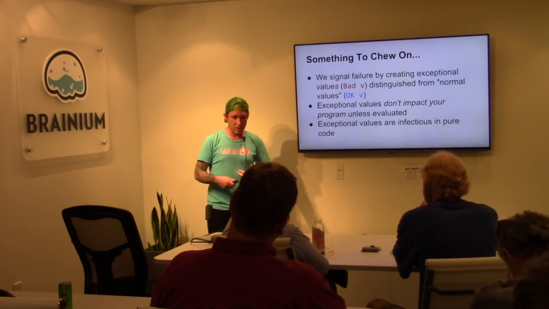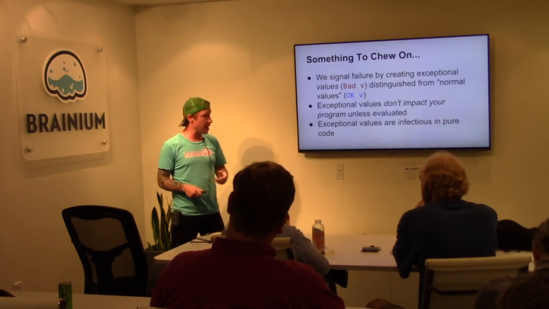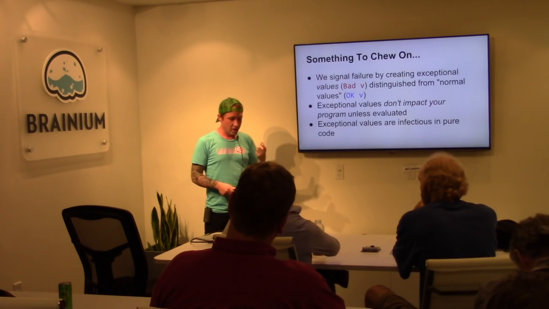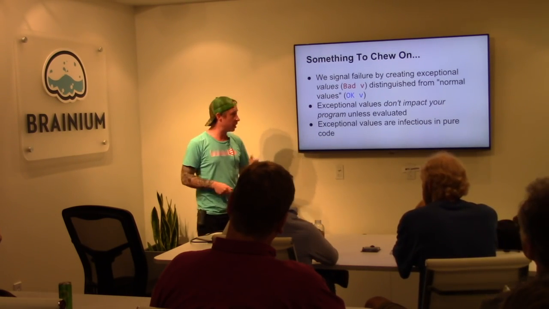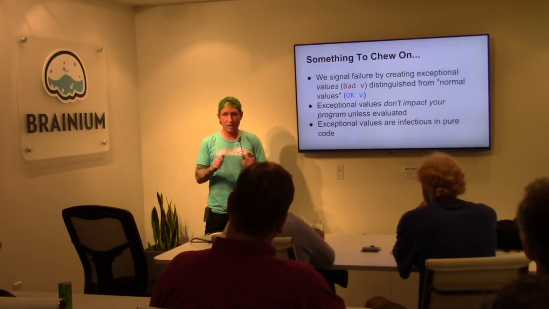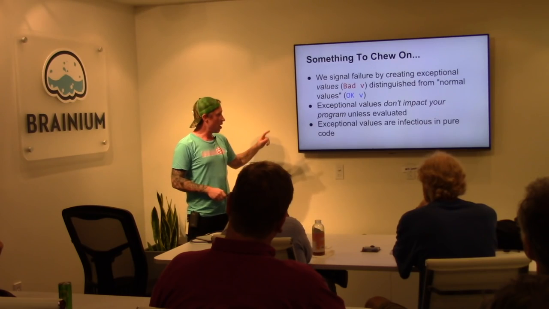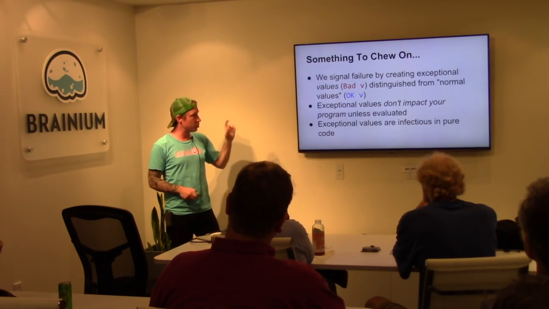So you can think about this as there are bugs all over your program today, but unless you hit that path, it doesn't actually matter. And Haskell takes it a step further. Unless you actually evaluate the expression down to the point in which you're going to hit this exceptional value, it's not going to impact things. The other thing to think about is that exceptional values are infectious in pure code, and I'll show you.